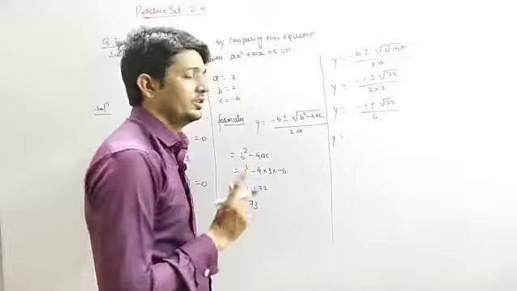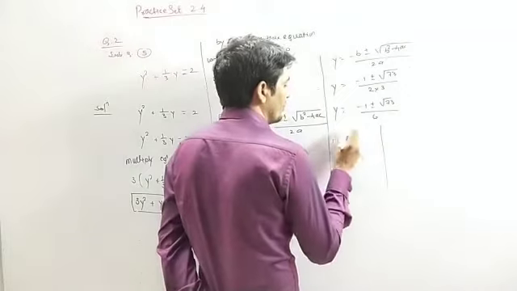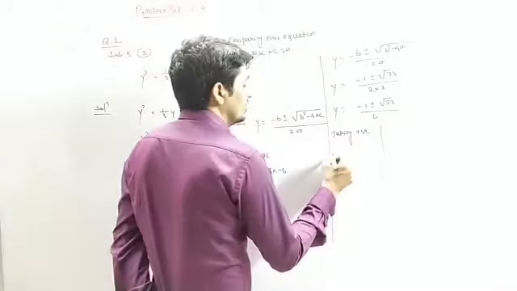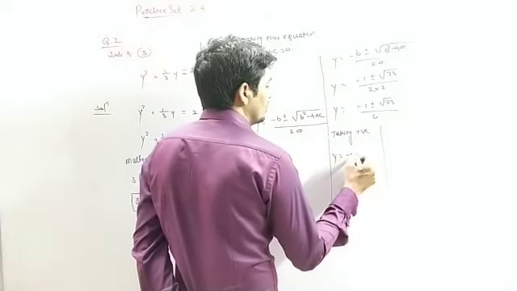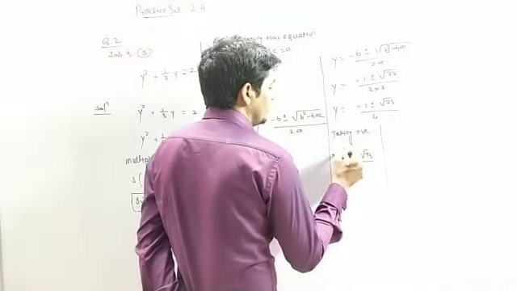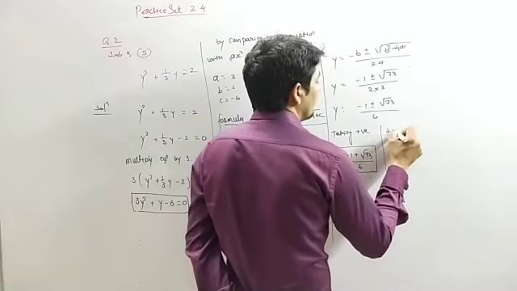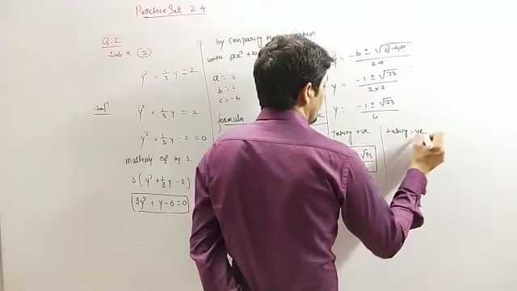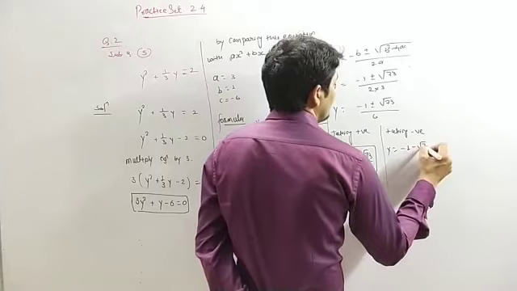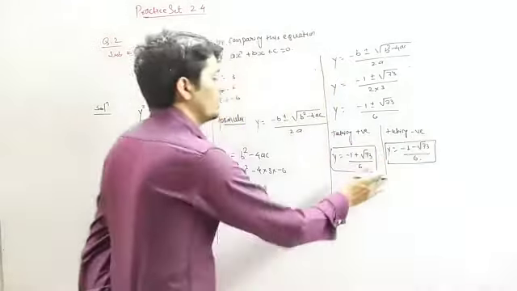Once we take the positive sign and another time the negative. Taking the positive sign, y equals minus 1 plus root 73 divided by 6. This is the first root of the quadratic equation. Now taking the negative sign, y equals minus 1 minus root 73 divided by 6. This is the second root of the given quadratic equation.